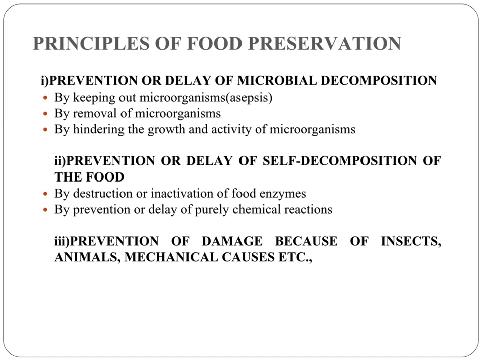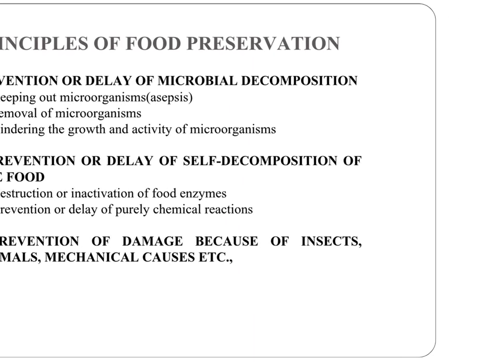The second principle is prevention or delay of self-decomposition of food. This involves destroying or inactivating food enzymes and preventing undesirable chemical reactions. The third principle is prevention of damage caused by insects, animals, and mechanical injuries. Together, these principles form the scientific foundation of food preservation.